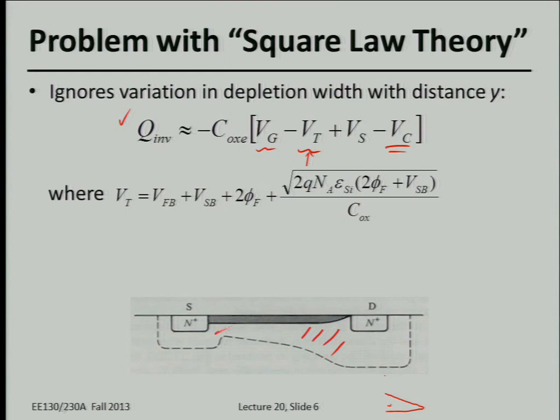Okay. So that talks about reality. Once you have this non-uniform depletion charge distribution, let's say the depletion charge increases with y, where y is your channel direction, causing the threshold voltage also to increase with y, with the distance along the channel.